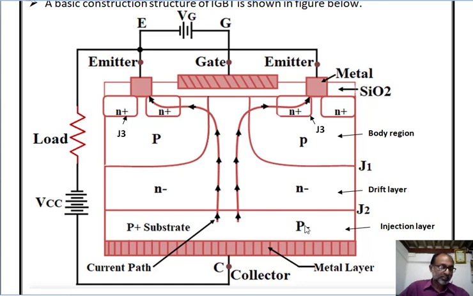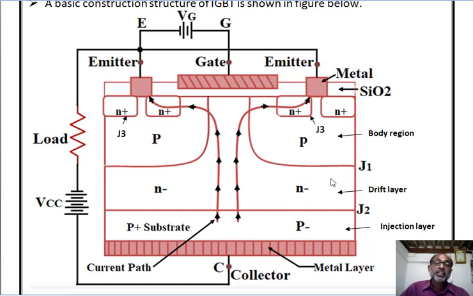So in the N drift region, the electrons of the P region and the holes due to this P plus region are completely filled in this N minus layer.